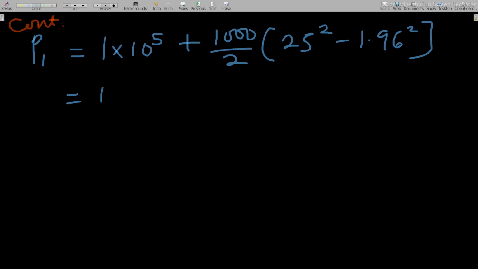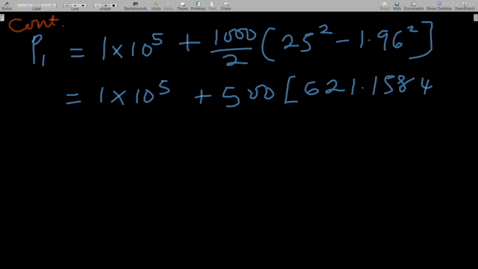So 1 times 10 to the 5 plus 500 into 25 squared minus 1.96 squared, and this is equal to 621.1584.